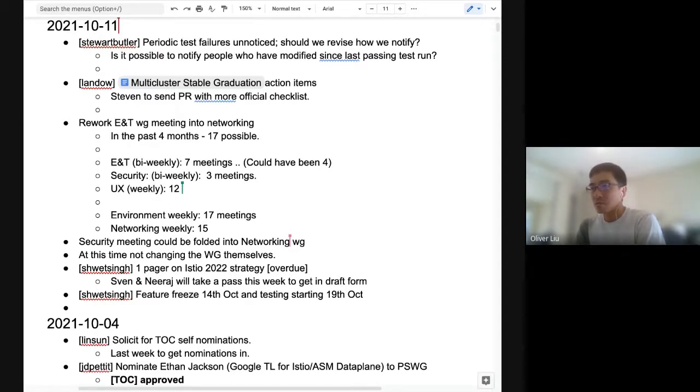In terms of merging this into networking, I don't have a big objection to it. I think it's okay, as long as we are not making the networking meeting too big, especially for roadmap reviews and other designs there.